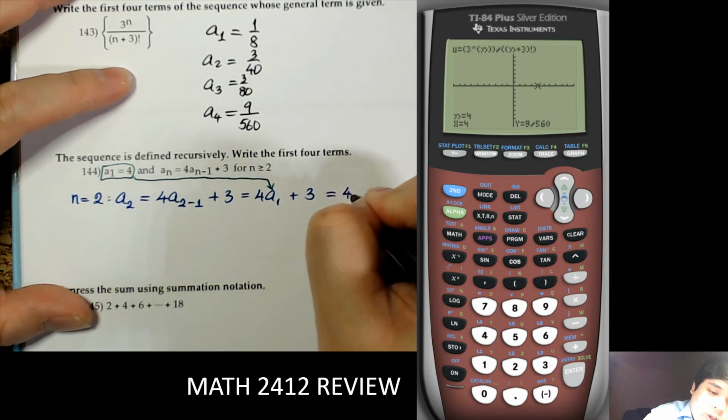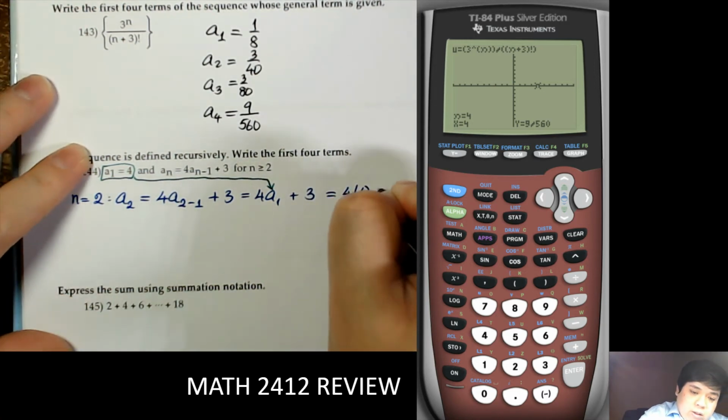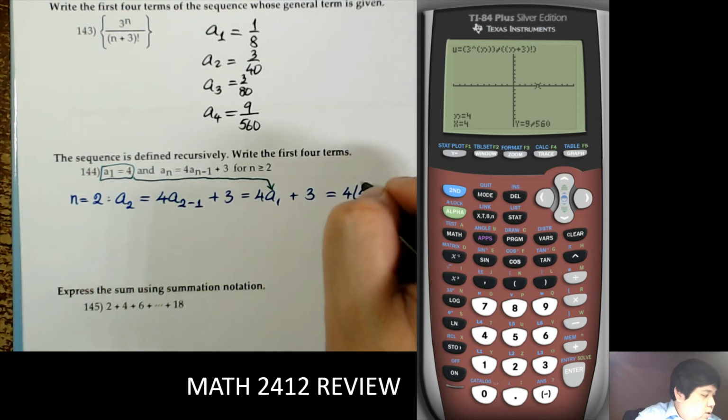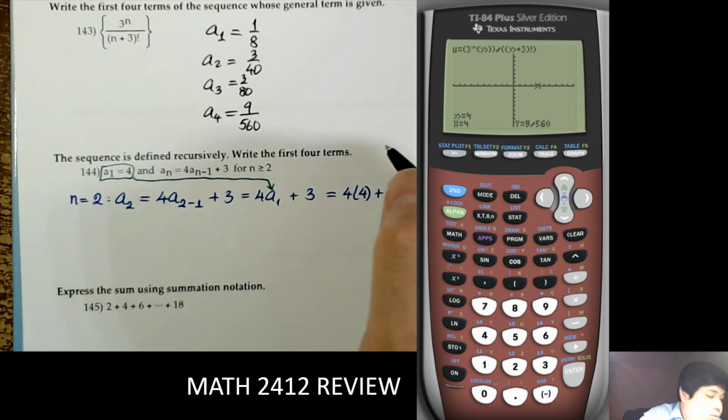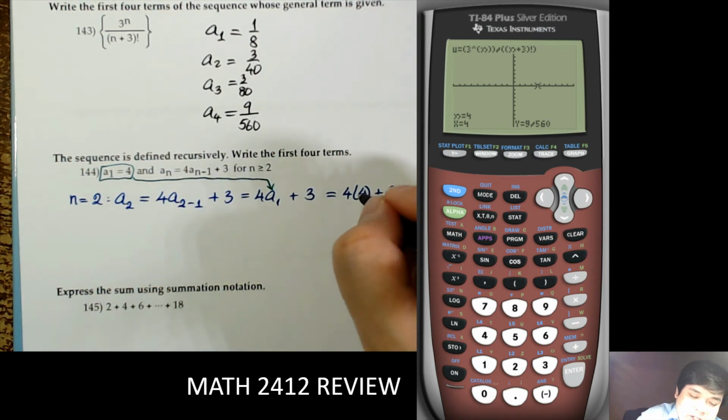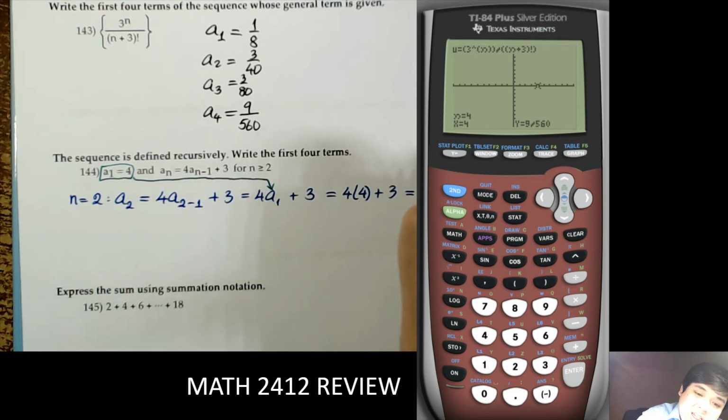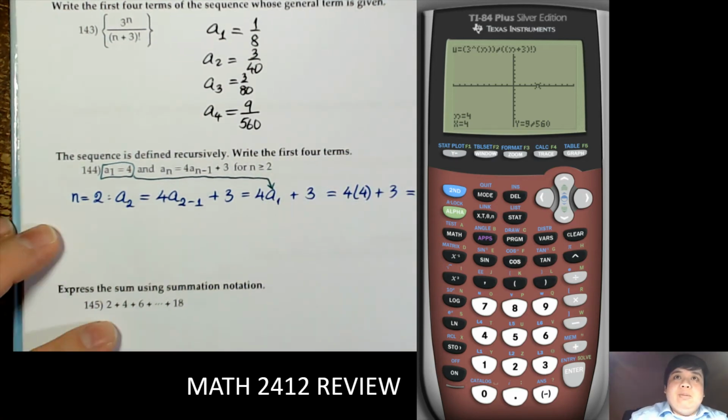So it's 4 times 4 plus 3. 12, so that's 15. 16 and 3, 19.